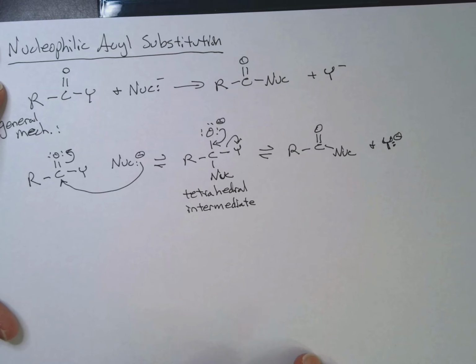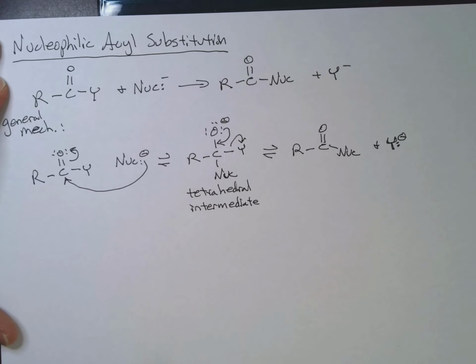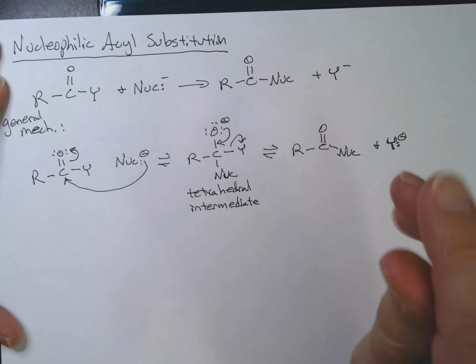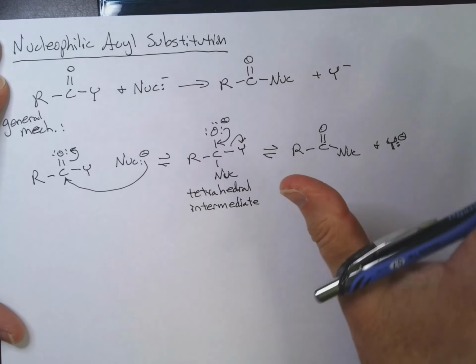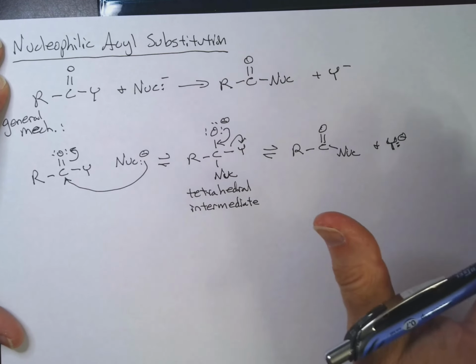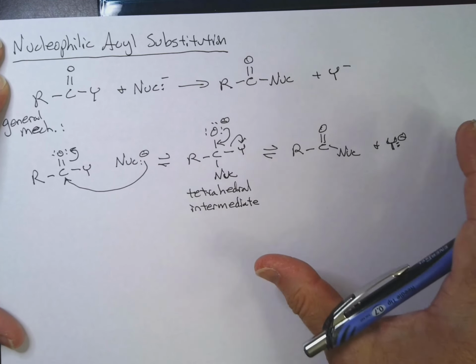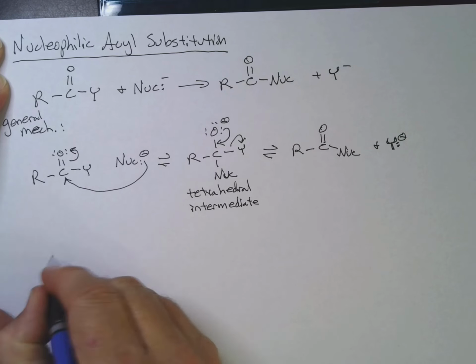All right. Now, not all nucleophilic acyl substitution reactions are equal. So not all carboxylic acid derivatives have equal stability. So some carboxylic acid derivatives are more stable than others.